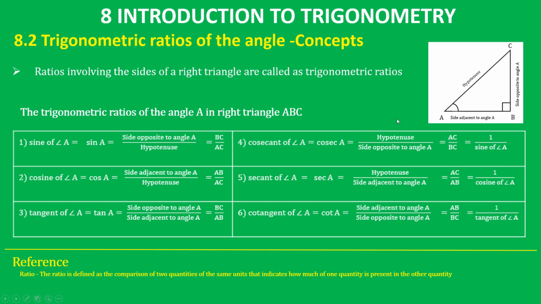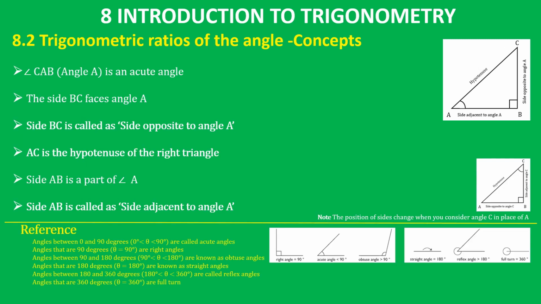Now let us go back to the previous slide once. Can you see this? In the same triangle ABC, if you consider angle C, then the positions will change. The positions of the sides change when you consider angle C in place of angle A. If you consider angle C, which is the opposite side?